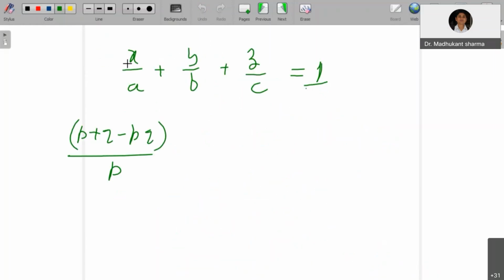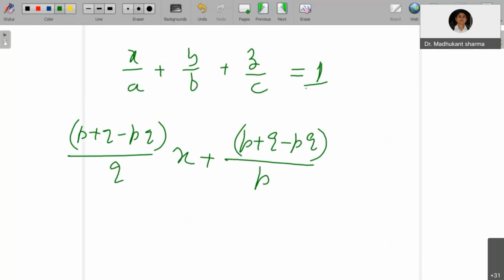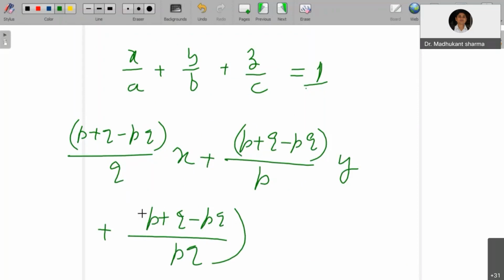So, x by q plus (p plus q minus pq) divided by p, y plus (p plus q minus pq) divided by pq, z is equal to 1.